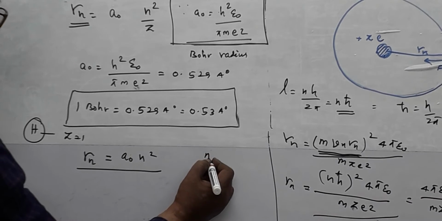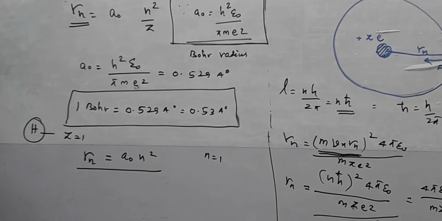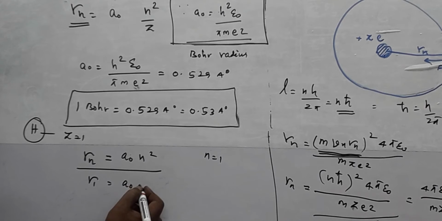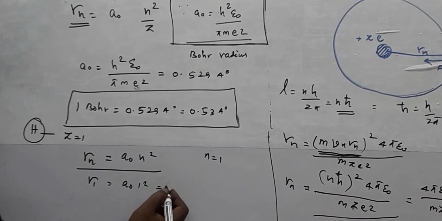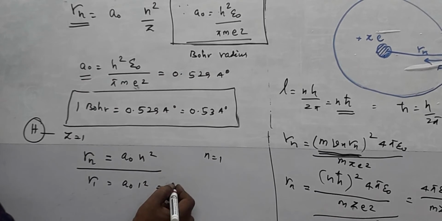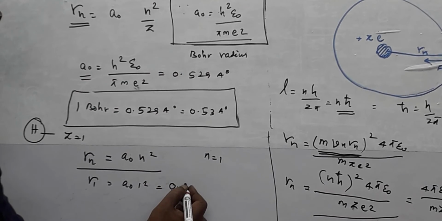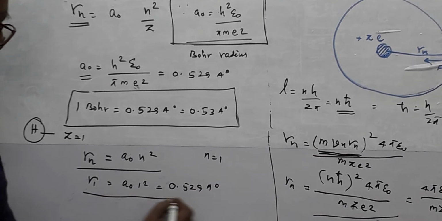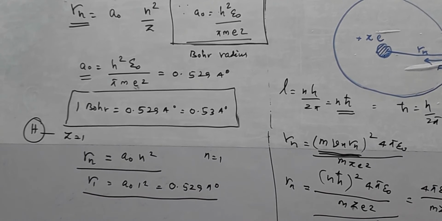For the lowest orbit, n equal to 1, R1 equals a naught into 1 square, which equals a naught. The a naught value we already determined is 0.529 Angstrom. This is the first orbit value.